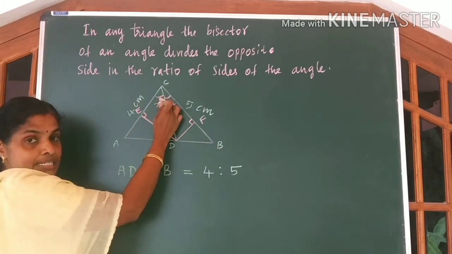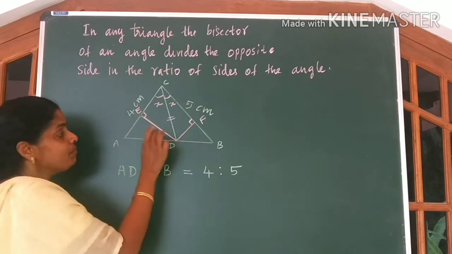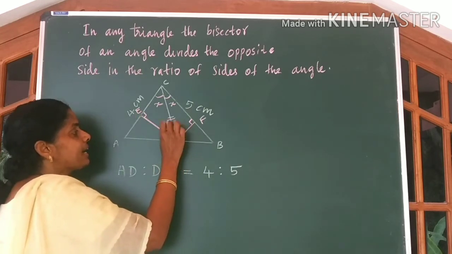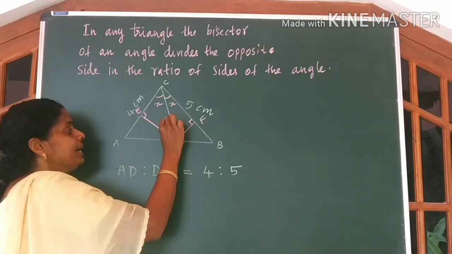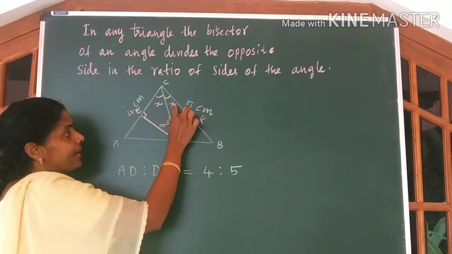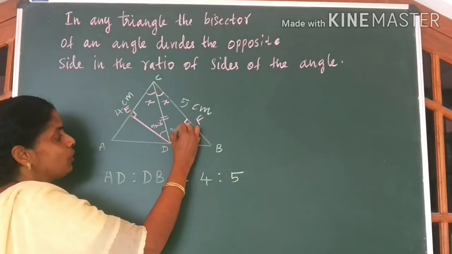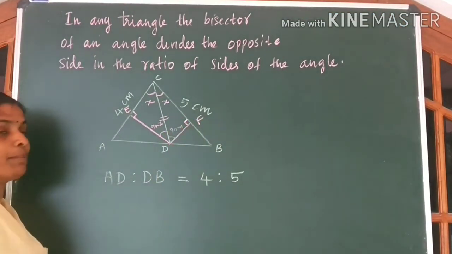This angle is X and I have marked this as 90 degrees. Therefore, the third angle would be equal to 90 minus X. Similarly, in this triangle, X and 90, therefore, the third angle would be equal to 90 minus X.